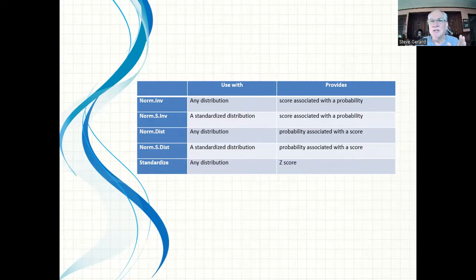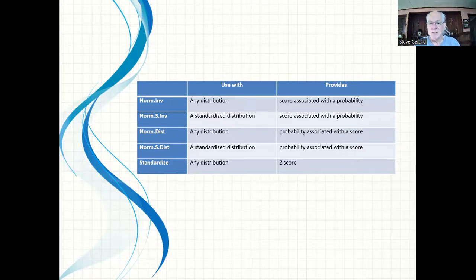IQs are typically given with a mean of 100 and a standard deviation of 10 or 15, depending on the test. That's a standardized distribution, standardized away from the raw scores. So the first question is raw scores or standardized scores? A really crucial first question.